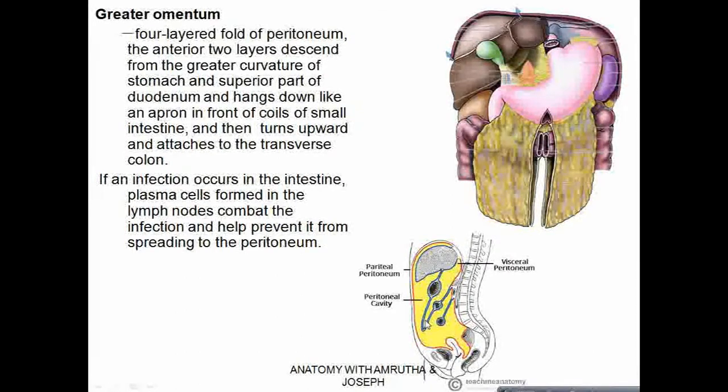Now let's consider these 2 layers, the 3rd layer and the 4th layer. Now the 3rd layer passes upwards, going to cover the transverse colon, the anterior surface and superior surface. Then it is reflected onto the posterior abdominal wall, onto the pancreas.